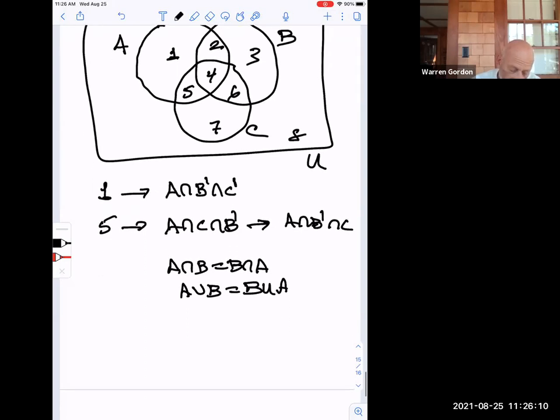Look at region 4. Region 4 is in A and in B and in C. What about region 8? How would I describe region 8?